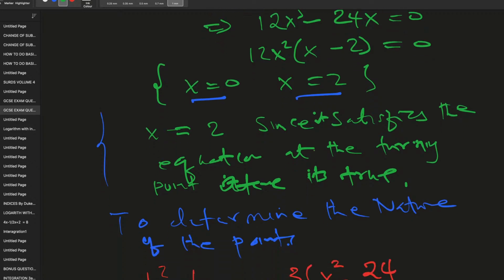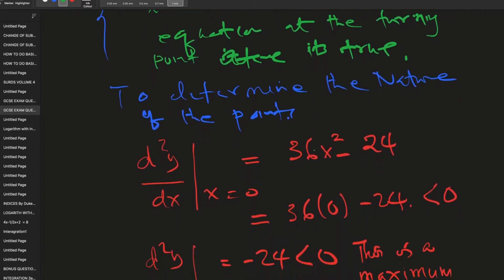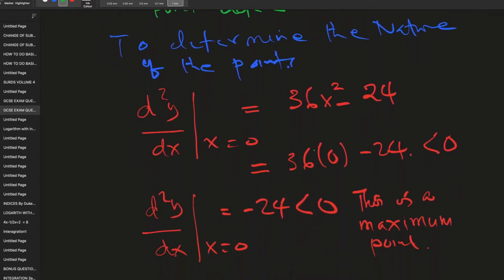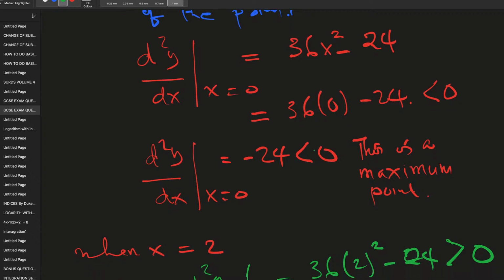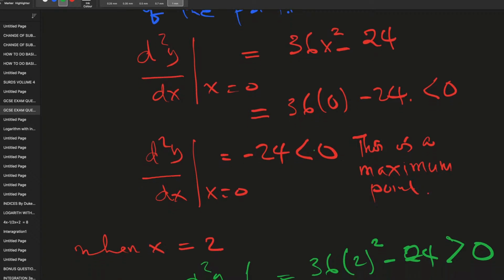Then we're asked to determine the nature of the point as well. To do that, in our second derivative, we substitute the respective values we had at the turning points to determine whether they are maximum or minimum.